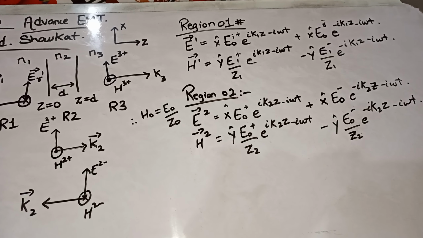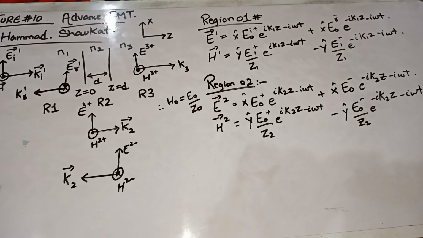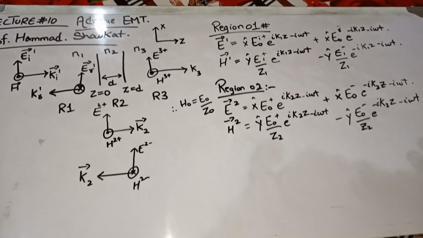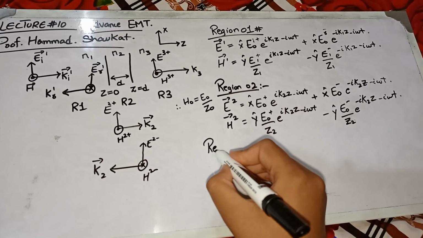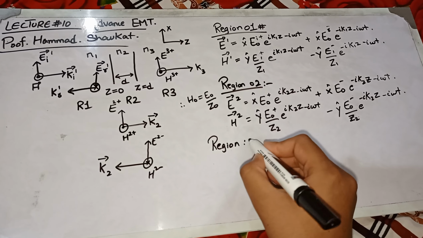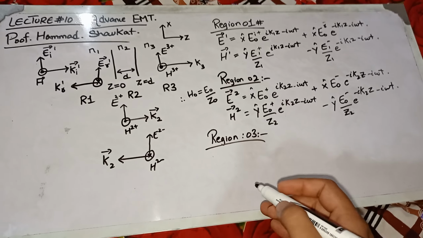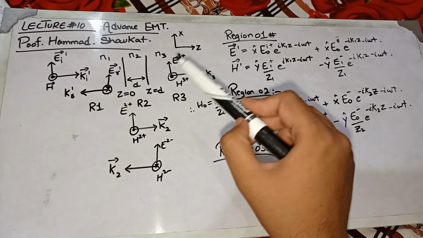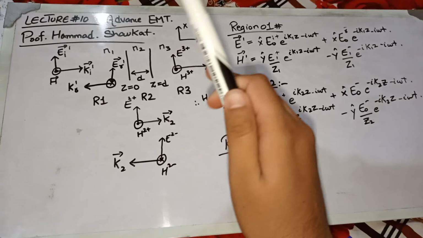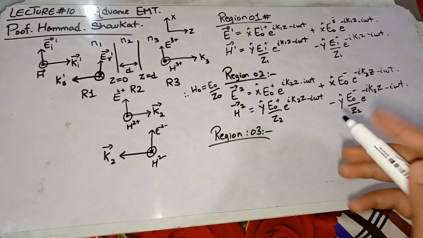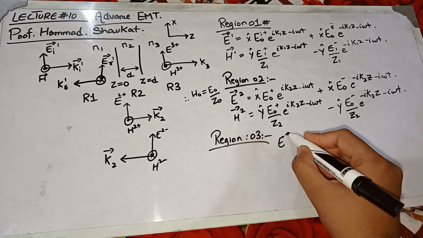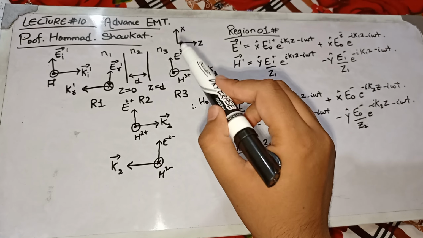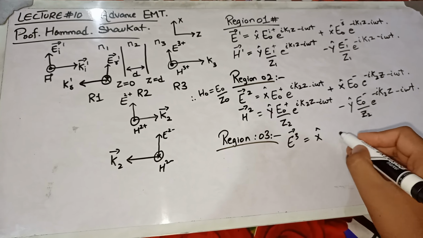Now we have to do the same procedure and write the equations for region 3. Let me write here region 3. First of all, this is the diagram of region 3. Because there is only a transmitting medium, there is no reflection back, because there is no boundary further. So let's start. The electric field direction is again in the x direction, so x cap.